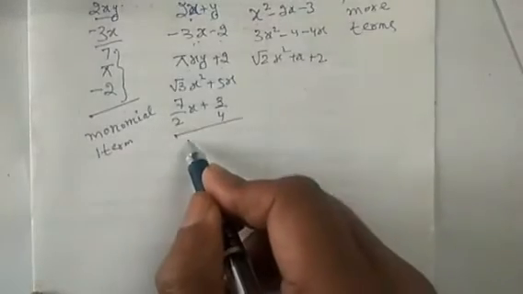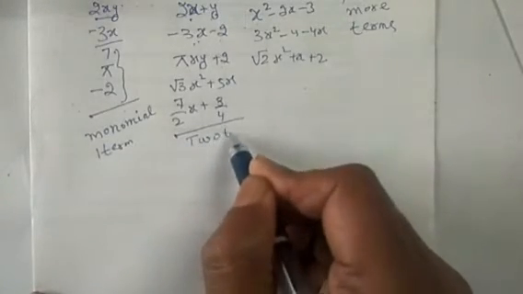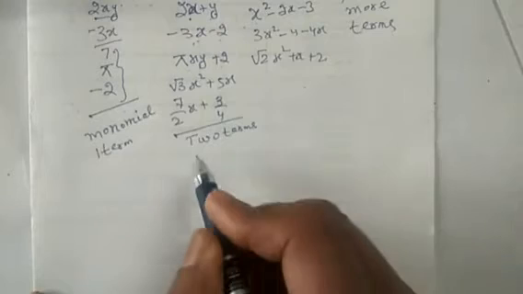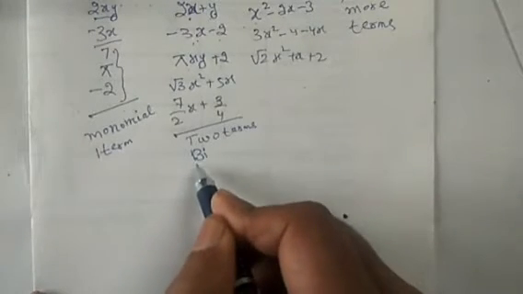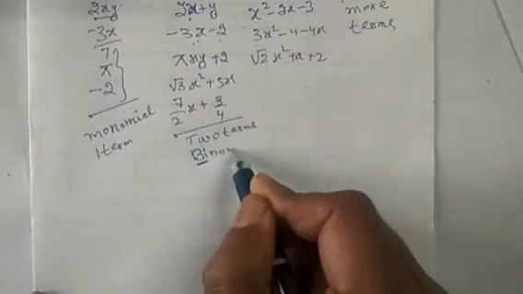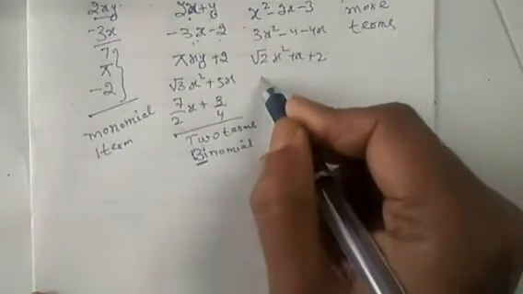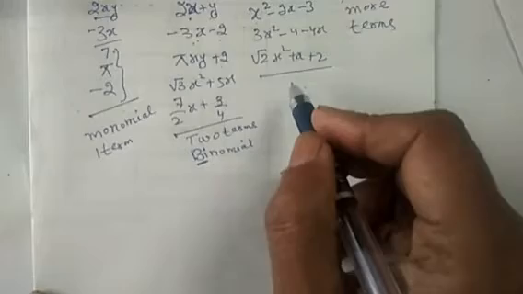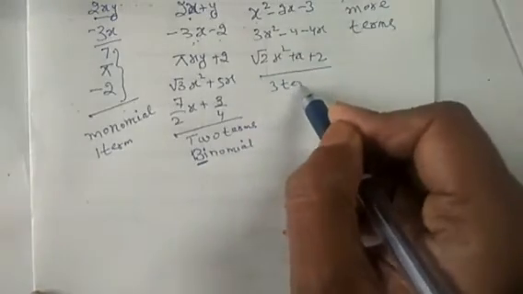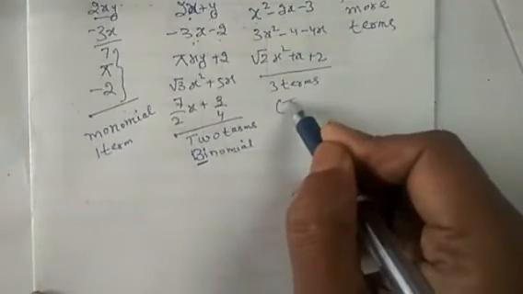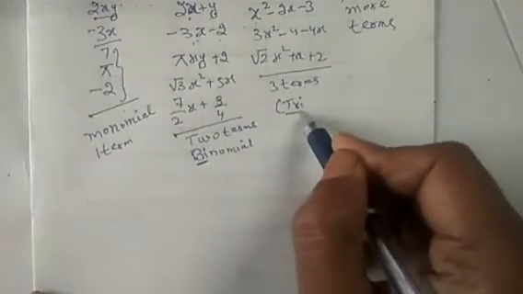If it is having two terms, see here we are having two terms, we say binomial. Bi means two, nomial. And having three terms, we say trinomial. Tri means tricycle, you know, three nomial.